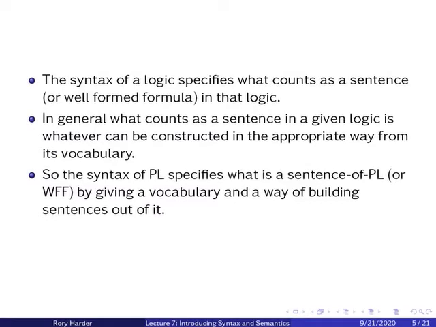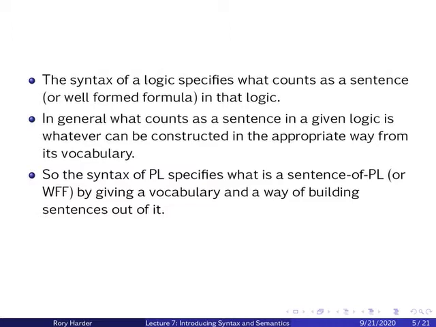These are the basic building blocks which you have. And then we're going to give rules for constructing further sentences out of those building blocks. And what counts as a sentence in our logic will be whatever can be constructed in this special way from these building blocks.